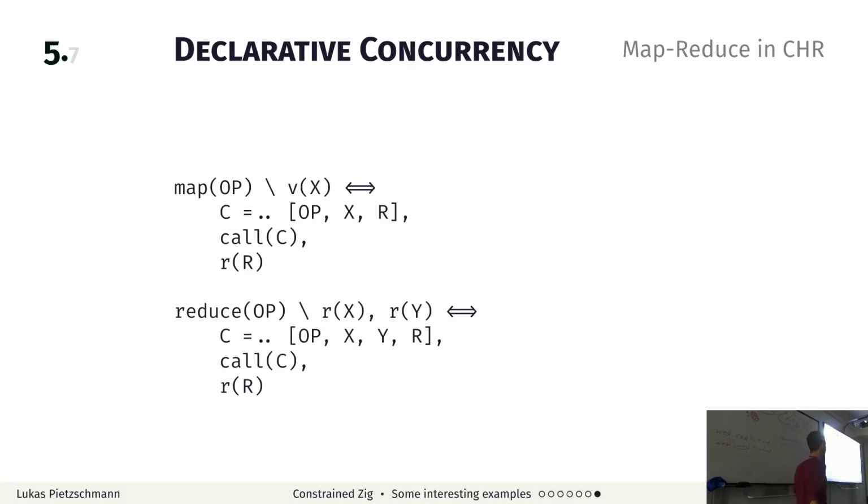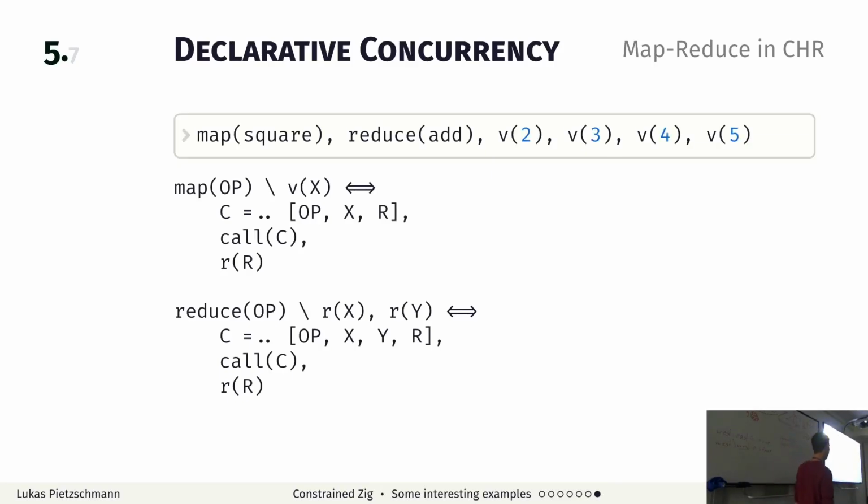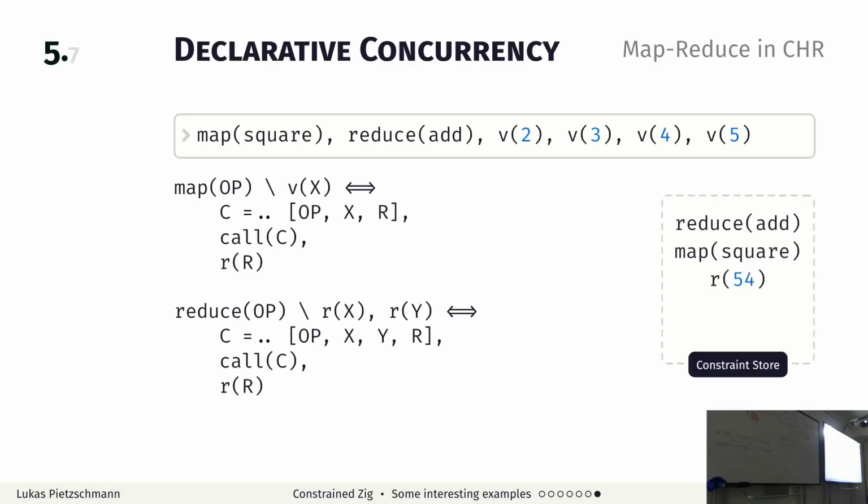The second would be reduce, where we also have an operation inside the reduce constraint and this intermediate result from our map stage. But now we need two intermediate results because we want to accumulate those. We then again call operation with our two intermediate results and bind the final result to R. Now a possible query could look like this. We want to map a square function and we want to reduce with an add function, and we just want to execute those two on 2, 3, 4, and 5.